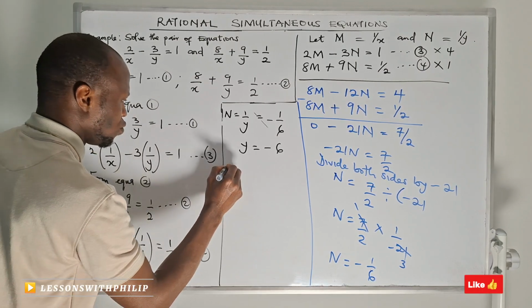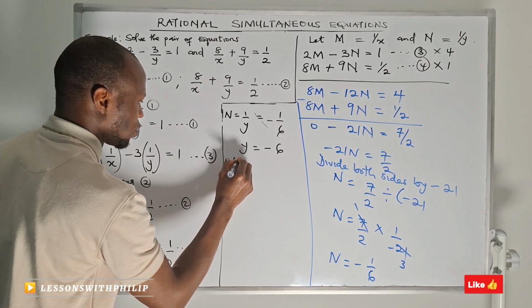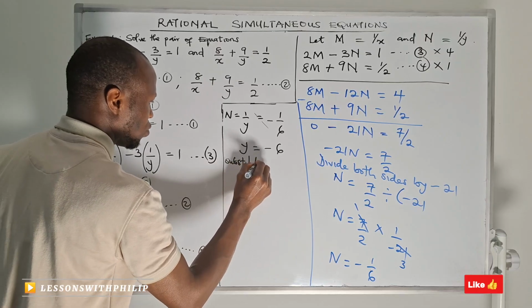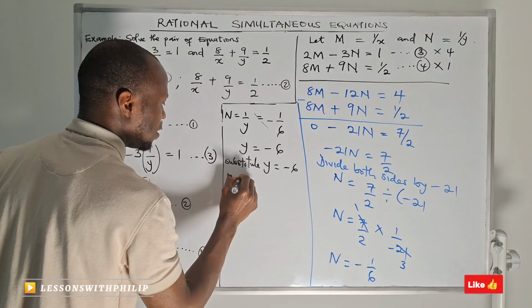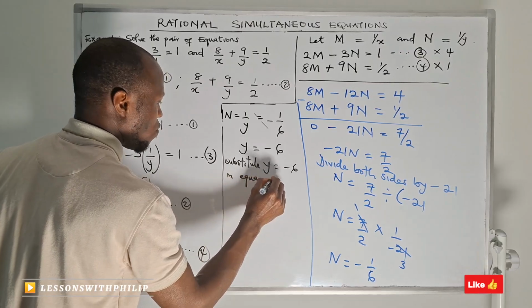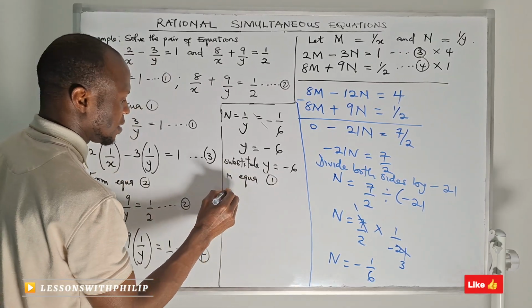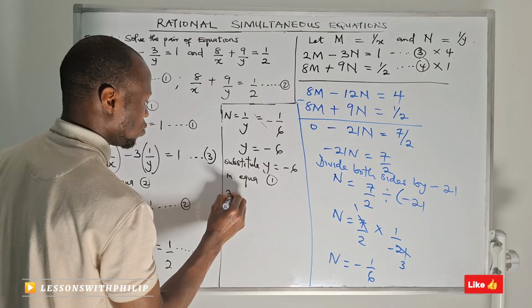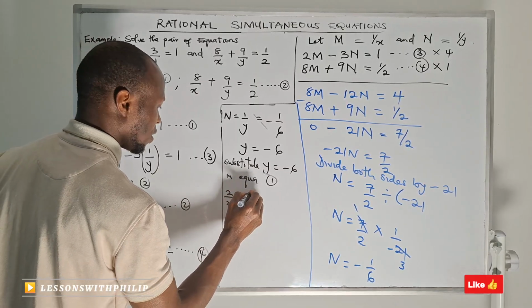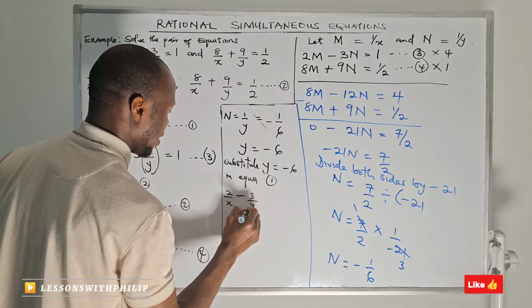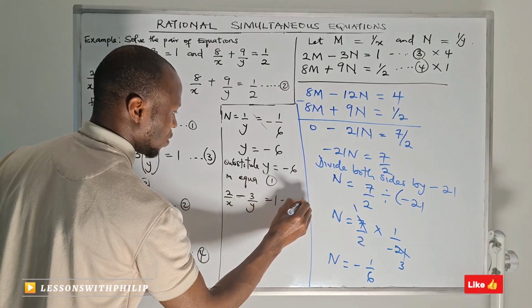So we have to substitute y equals minus 6 in equation 1. Equation 1 says 2 over x minus 3 over y equals 1. This is my equation 1.